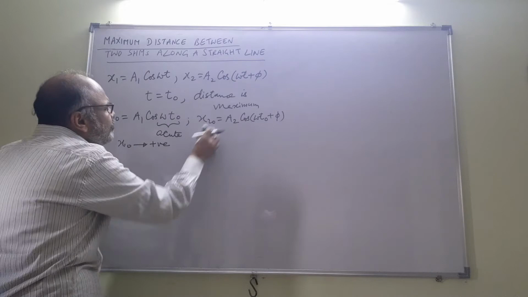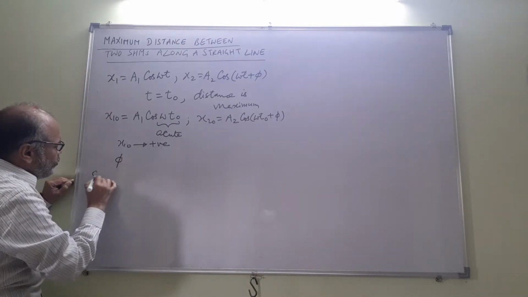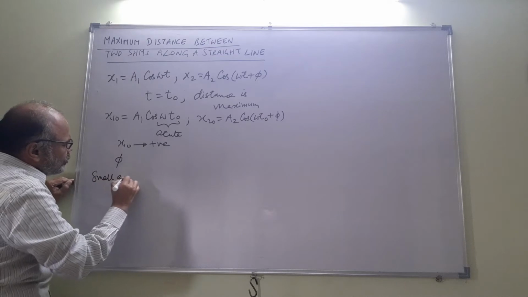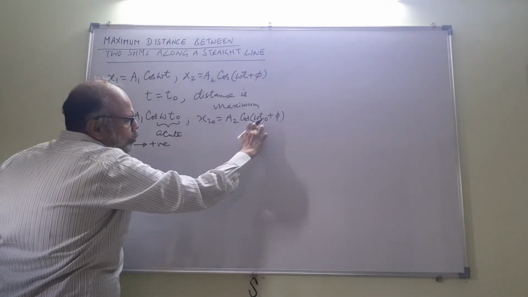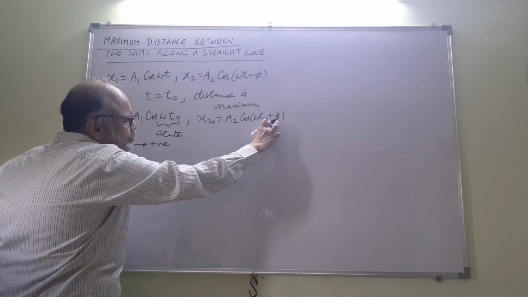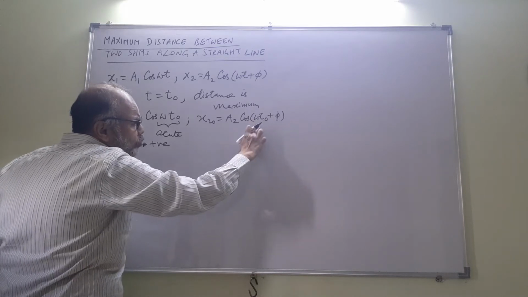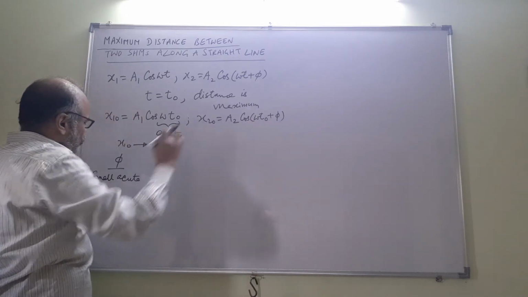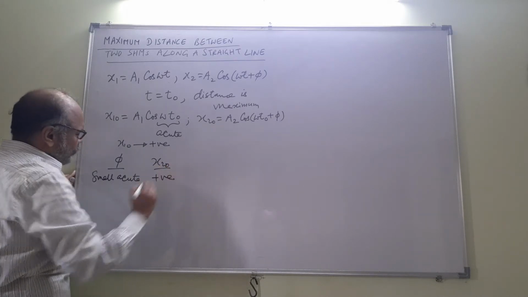Let us take the cases. Let us say phi is a small acute angle. If phi is small acute, omega t naught plus phi would still be acute and x2 naught would be positive.